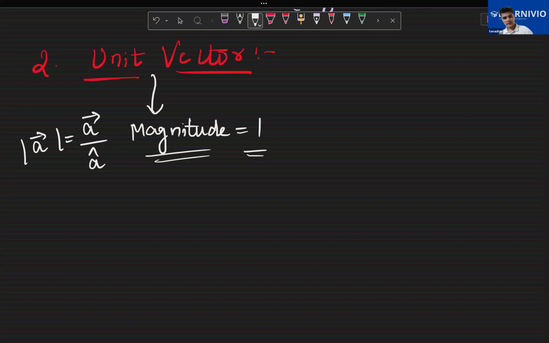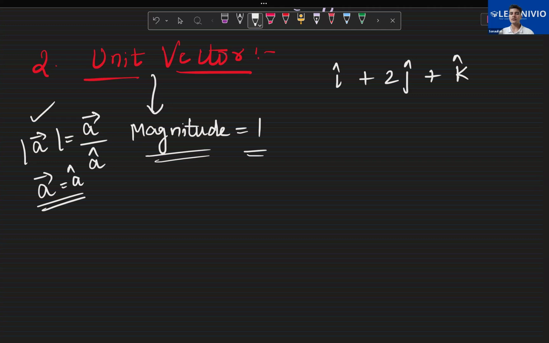So if you have this magnitude as 1, that means your a vector and your unit vector must be same. So you can assume any example, like I cap plus 2 J cap plus K cap. 1 square is 1, 2 square is 4, 1 plus 4 is 5, 5 plus 1, 6.